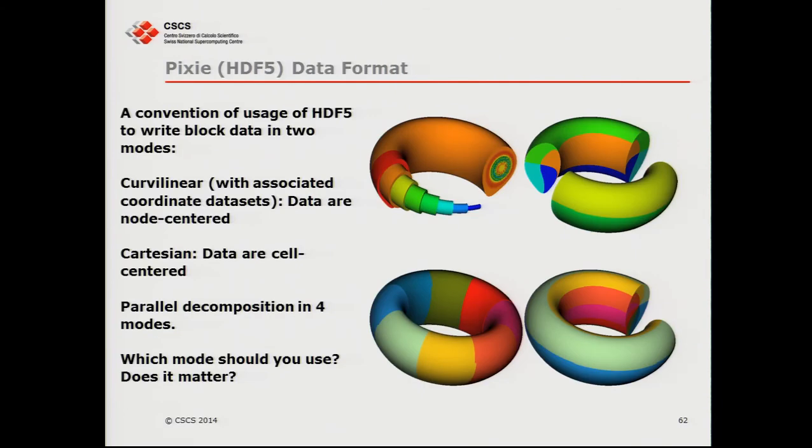Here's another example with Pixie. This is a data format I have. I didn't invent it. It was invented in the US by the Energy Labs. And what I have done for the purpose of the plasma physics, I've implemented the parallel reader.